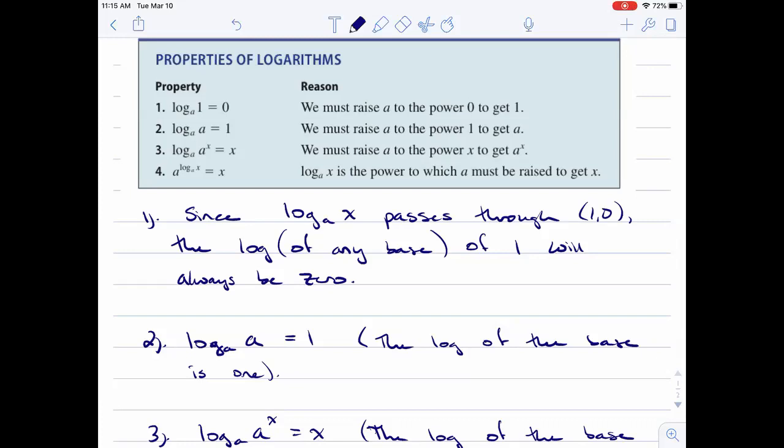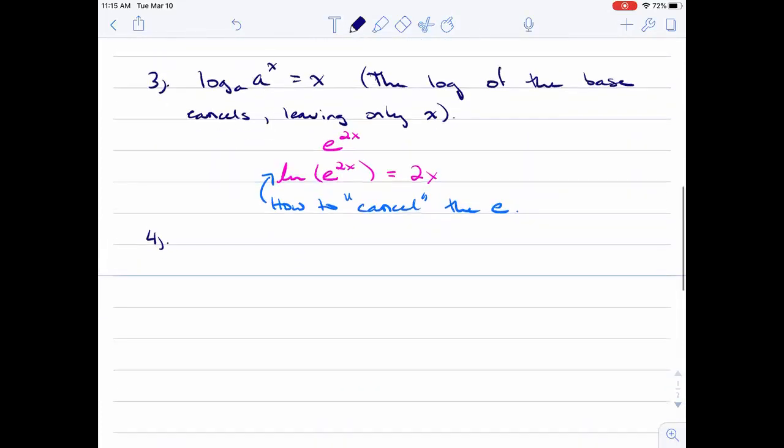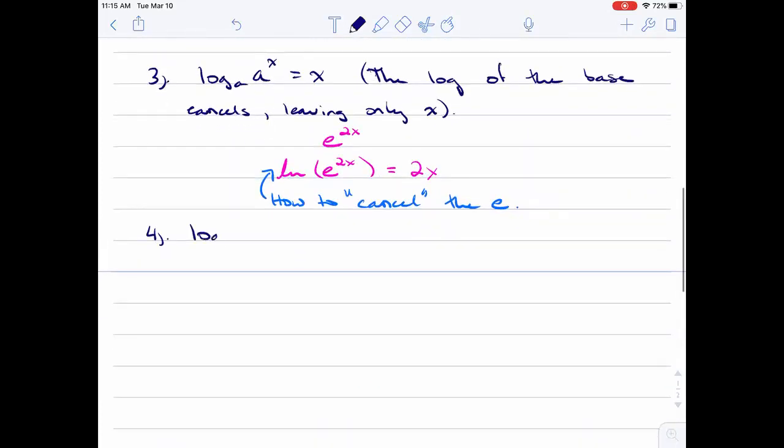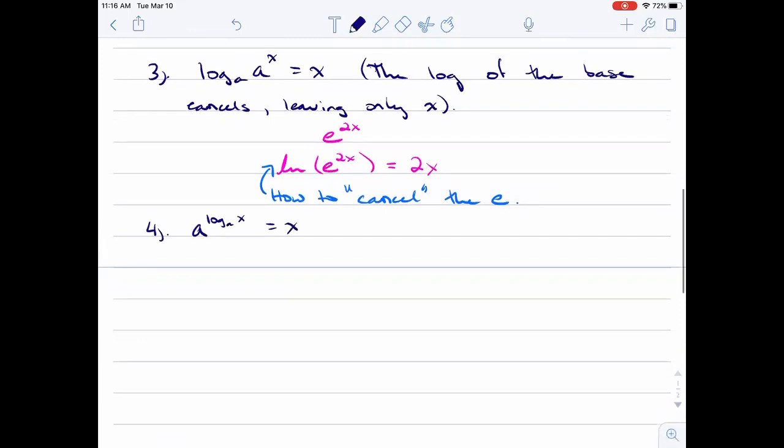And now we would have started with log base a of x, and we're trying to shake out that x. So we raise it to the power of a. And so, a to the log base a of x is just x.